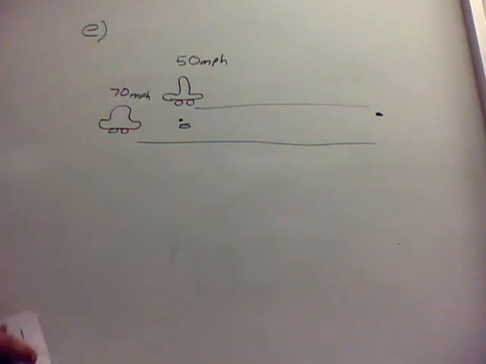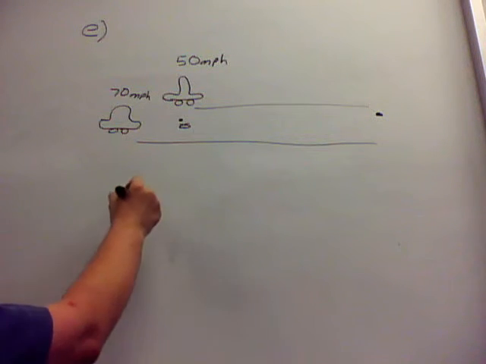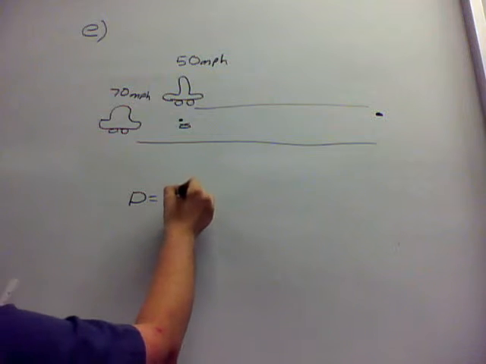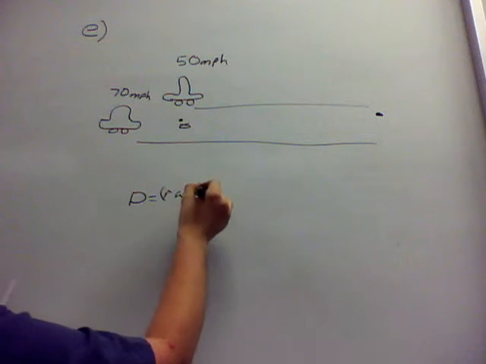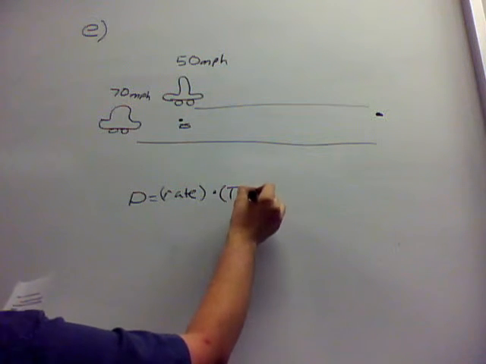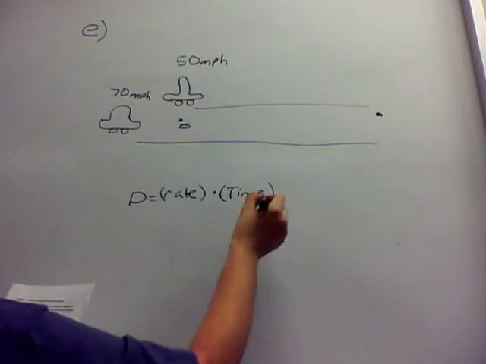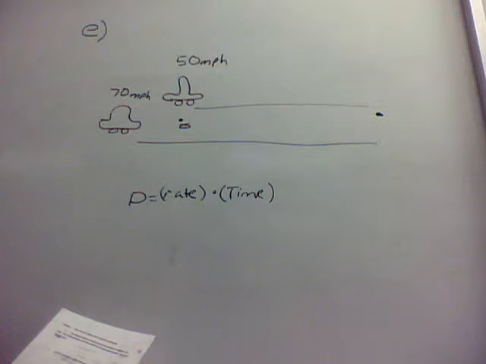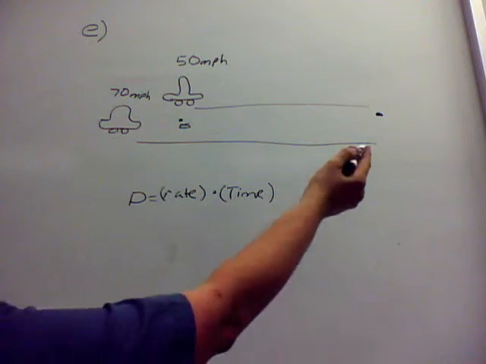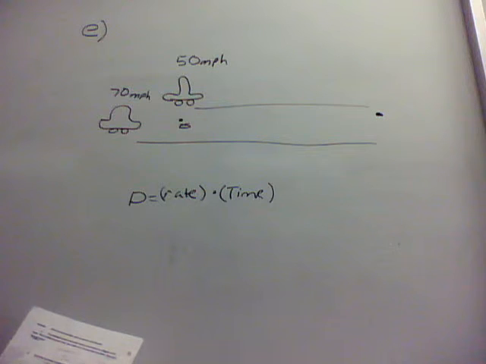All right, so now we're going to use distance equals rate times time. Well, we don't know the distance. That's what we're trying to find out. No, I'm sorry, we're trying to find out time, but they didn't give us a distance on how far that ending point is.